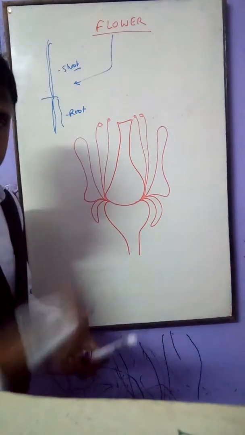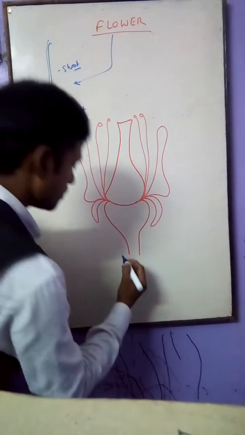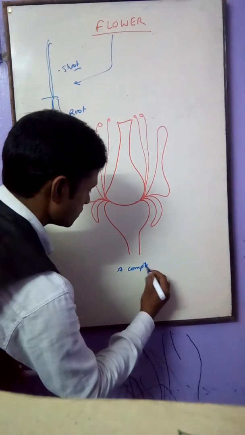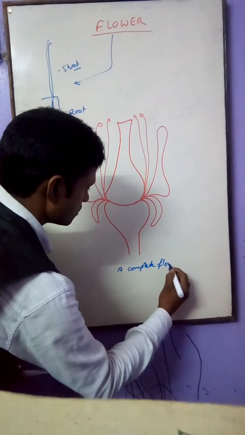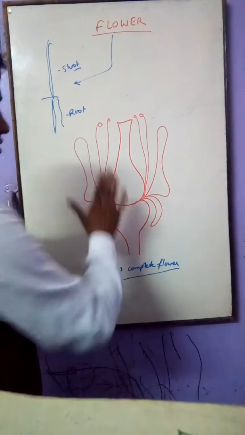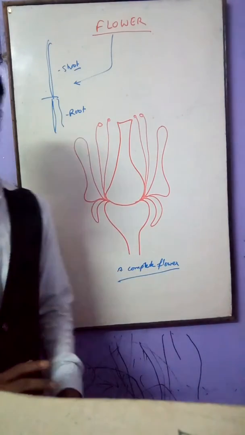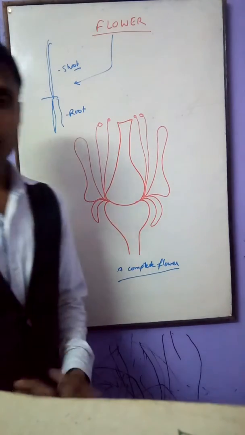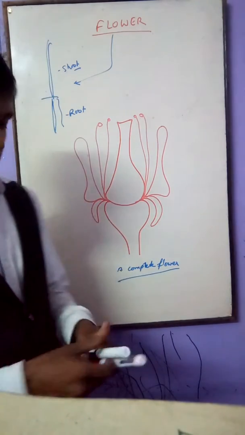It is a drawing of a complete flower. There is a flower which is complete in itself. So there are many parts in the flower.